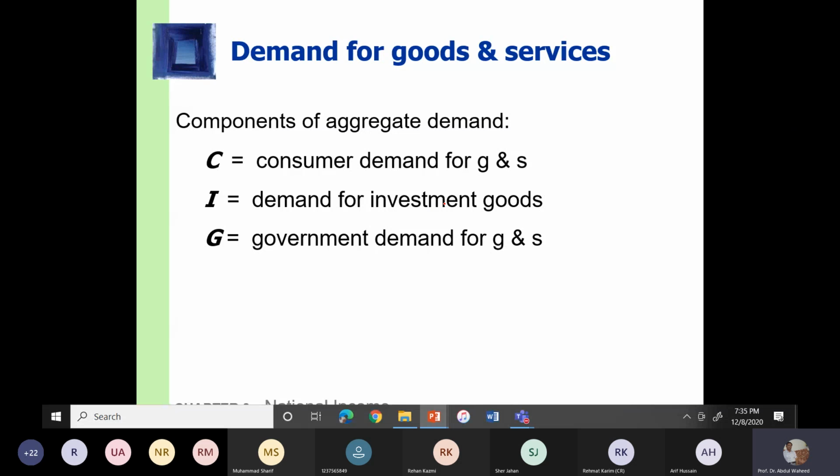If we have a 4-sector economy, then we will also add export and import, so net export would be added, export minus import. This is a closed economy, that's why there is no net export. If it is an open economy, then we will also add net export, which is export minus import.